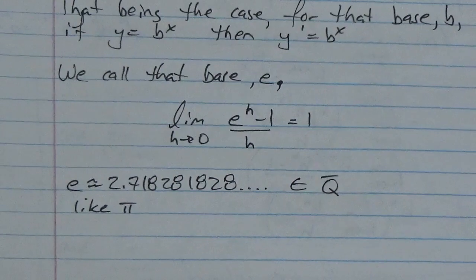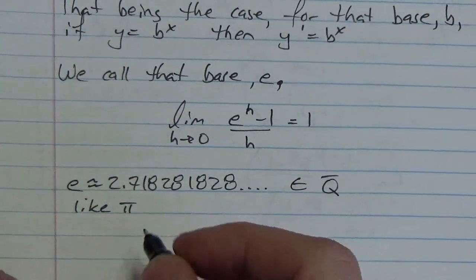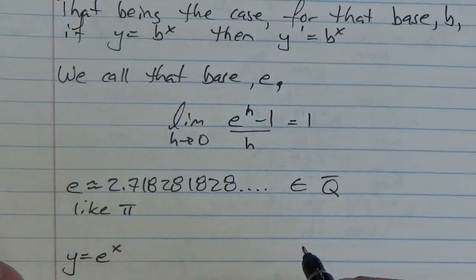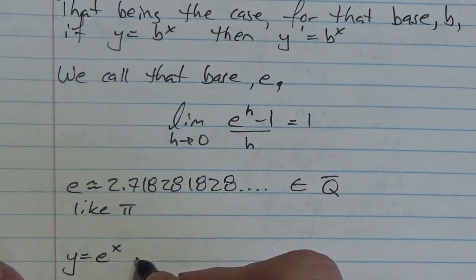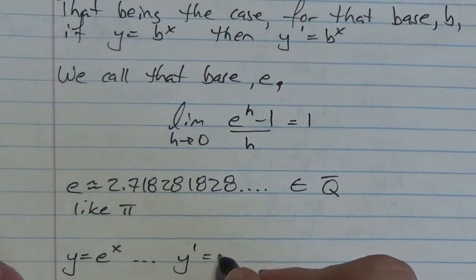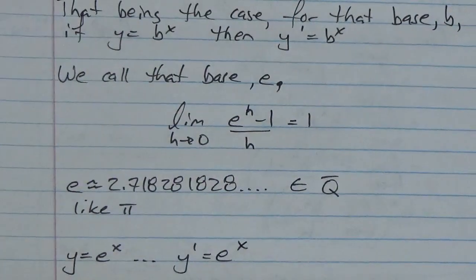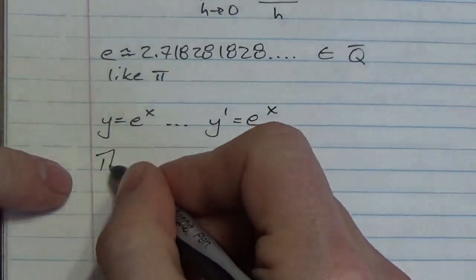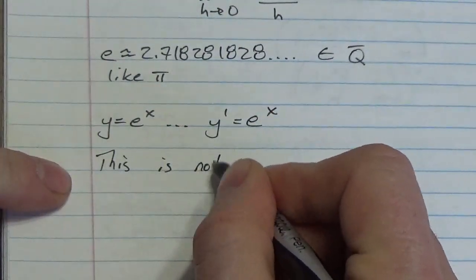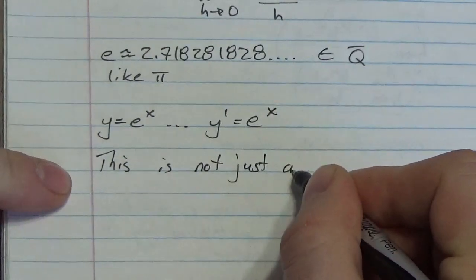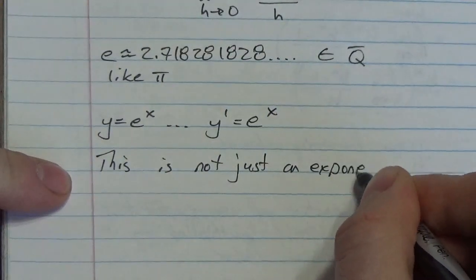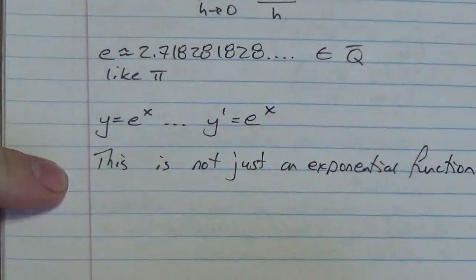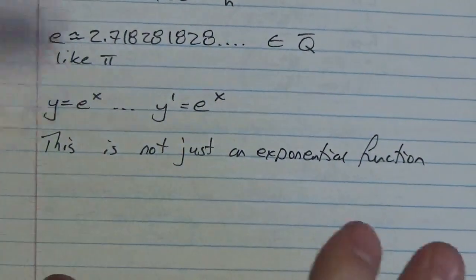Now, what we know is that we've got y equals e to the x, and its derivative, y primed, is equal to e to the x. You are going to see from this point on that this is not just an exponential function that we can study, although it is.